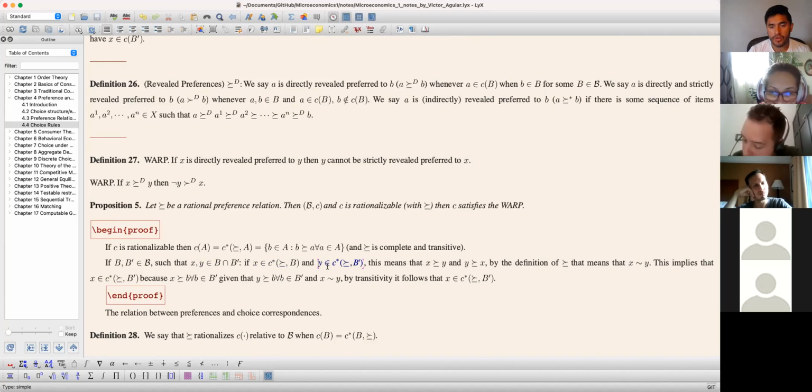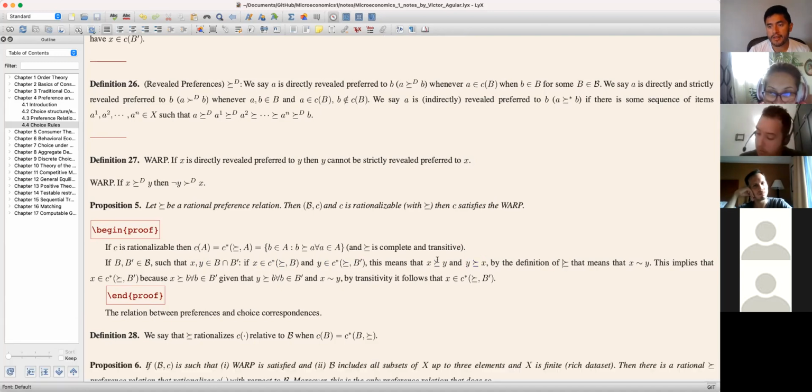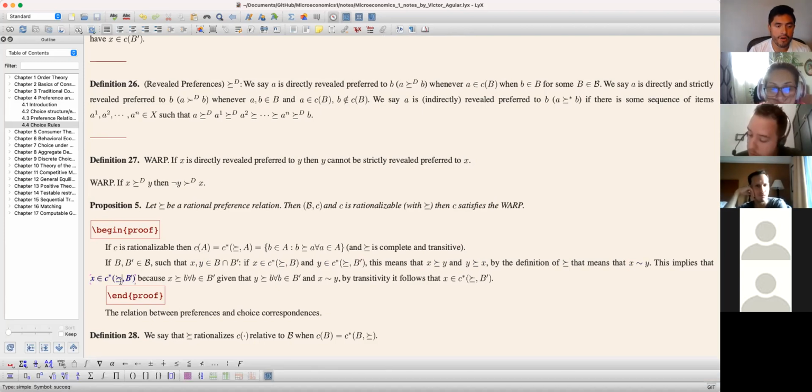And Y is also in the choice correspondence of the second one, this must mean, by the definition of the sets, that X is preferred to Y and Y is preferred to X, right? Then by the definition of the preference, this means that X is indifferent to Y. This implies that X also belongs to the C star of the B prime, right?